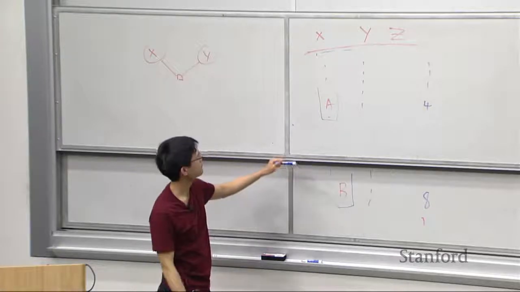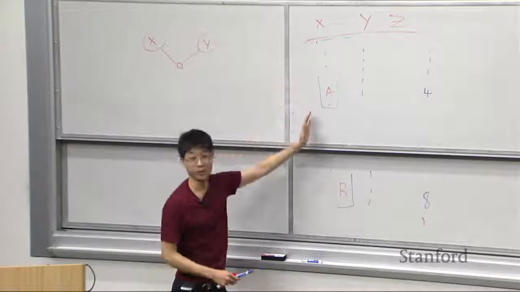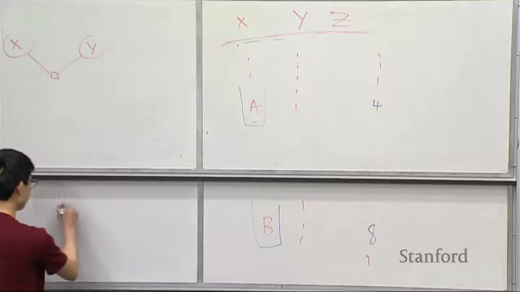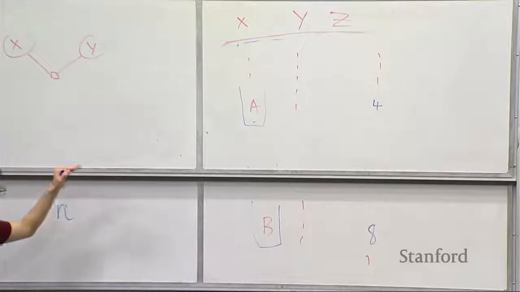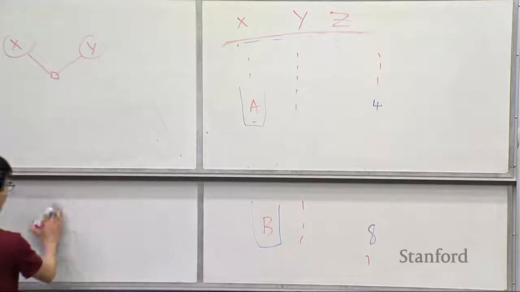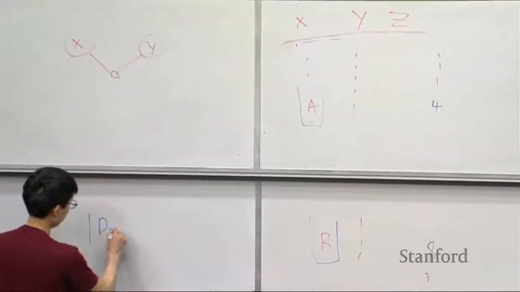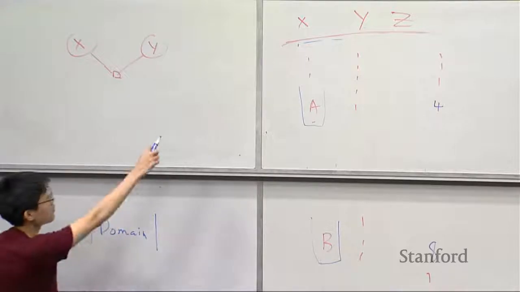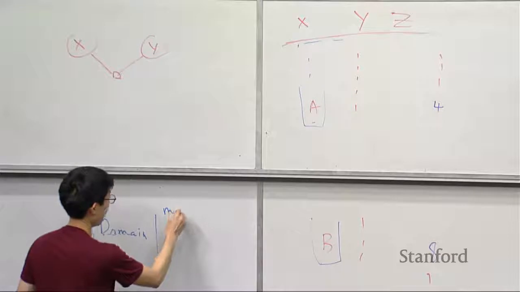And for each of these rows, let's see, how many values were there in this factor? There were n values, which is the number of variables. That's the number of rows in here. So the domain is this cardinality right here. And the number of variables in this factor, let's call that max arity.